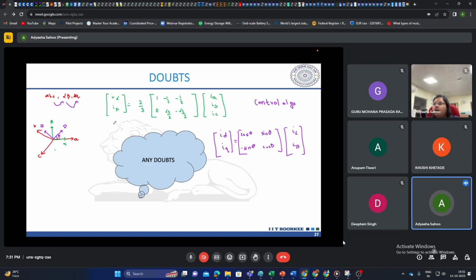If you go back and see the control algorithm figures, sometimes you are comparing the reference with the actual in terms of alpha beta frames and sometimes in terms of the DQ frame. And for PI controllers, I think it was the DQ frame.